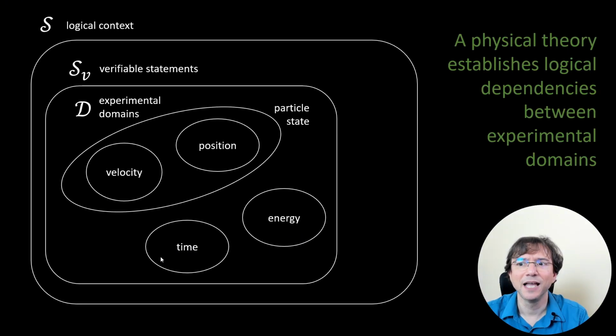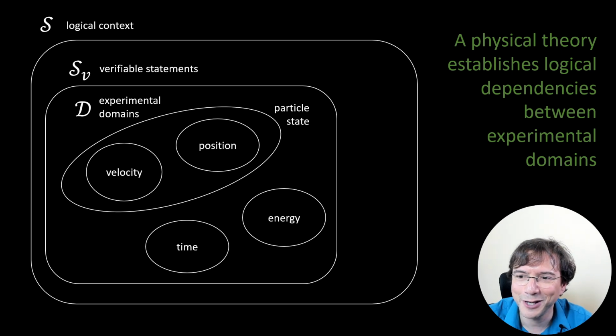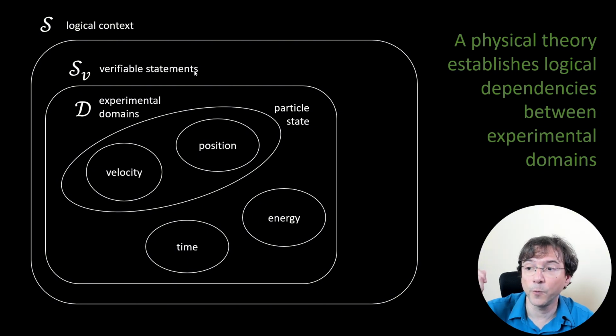And so this is sort of how it works in your head, or in my head. There is this logical concept that has all the statements, including things that are not well-defined experimentally, not explorable experimentally. Then within the logical context, you have a subset, which are the verifiable statements, things that we can use to define the connection to the experiment.